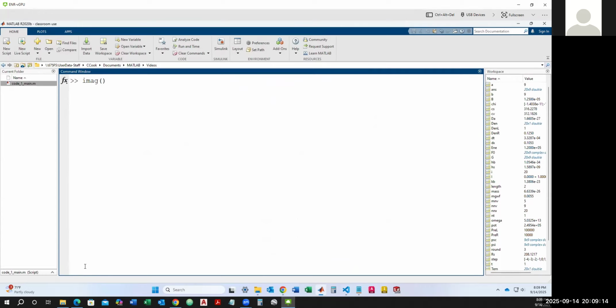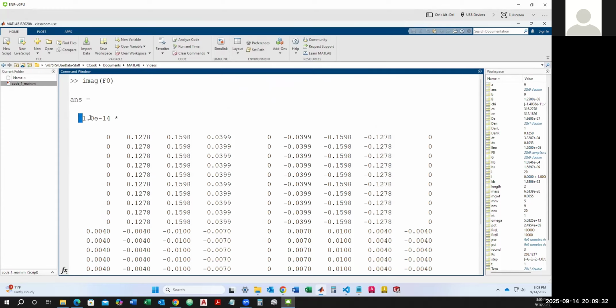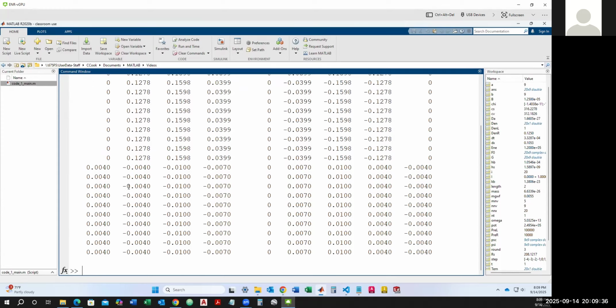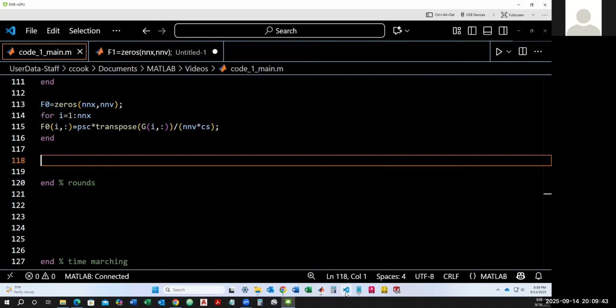We only have a small imaginary part because we are using MATLAB. We're using a computer, so we have to store numbers, and the numbers are only stored up to a certain decimal place. So for example, these are very small. Those are numerical artifacts because we're storing the numbers up to a certain decimal place.